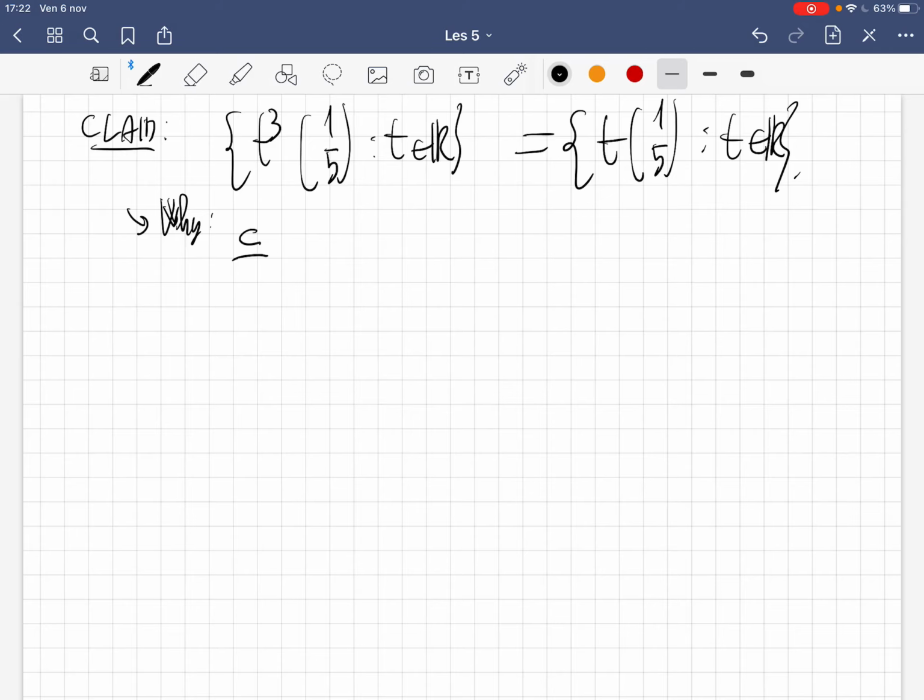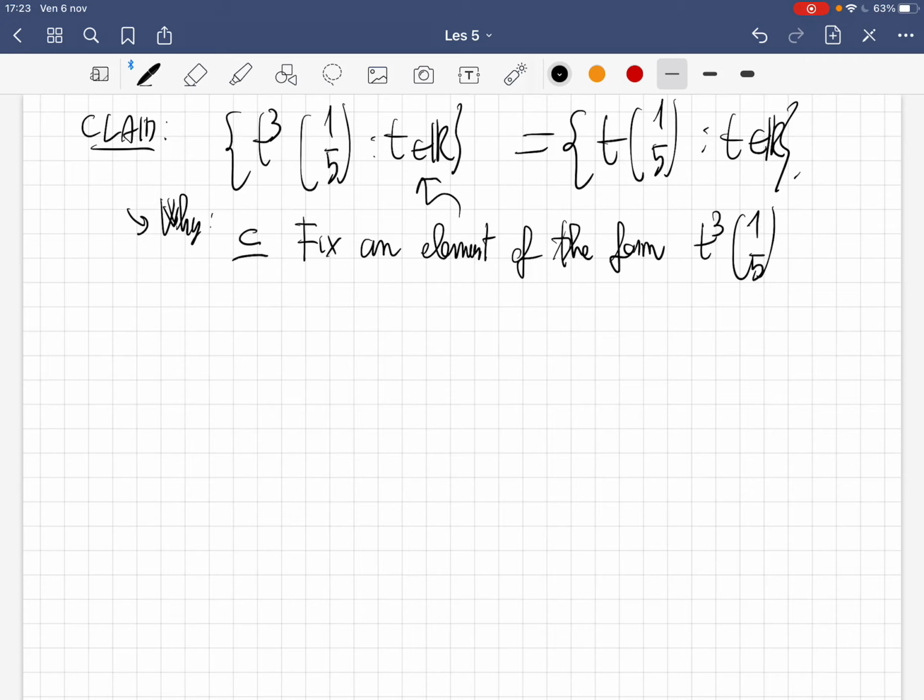So you have to fix an element in here, let's say of the form t cubed times (1, 5), and we want to make it an element of this form for some t in R.